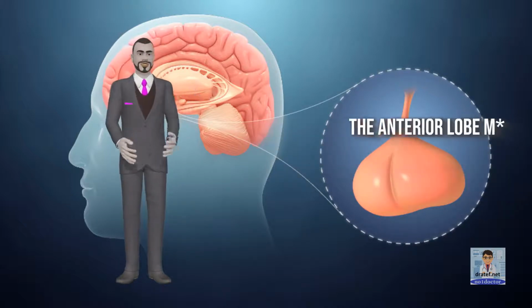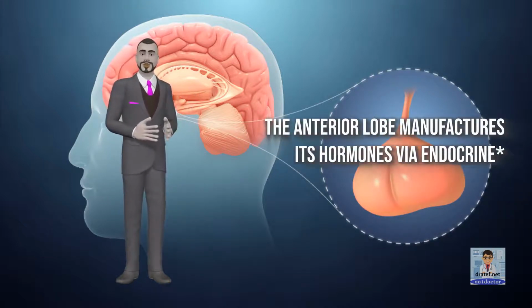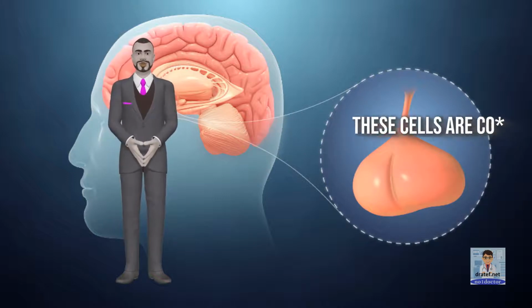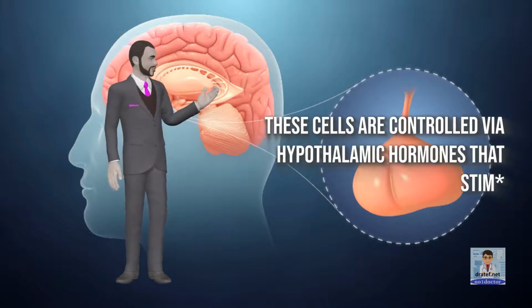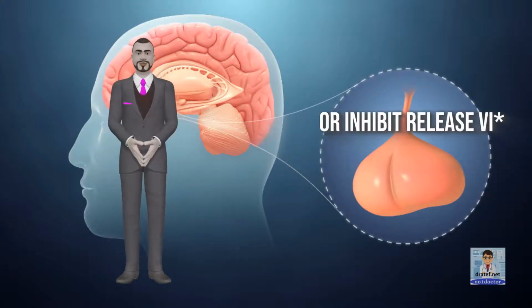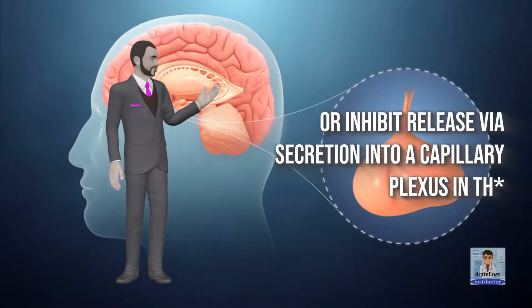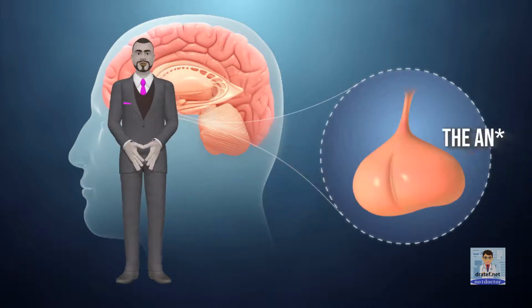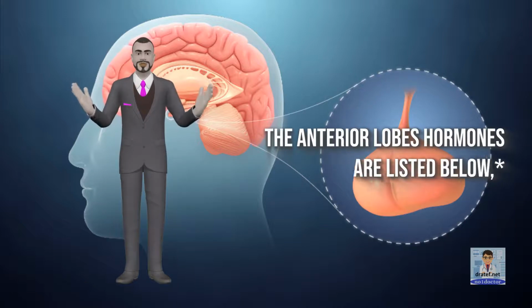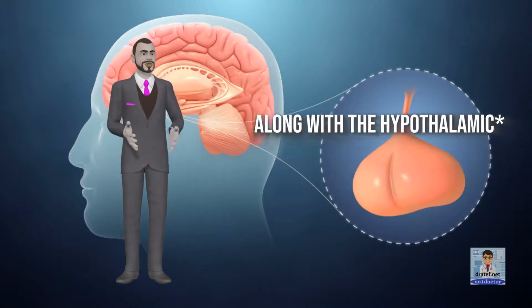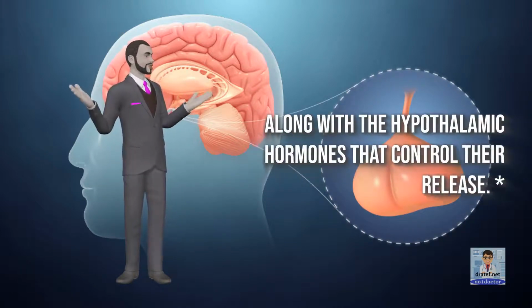The anterior lobe manufactures its hormones via endocrine cells. These cells are controlled via hypothalamic hormones that stimulate or inhibit release via secretion into a capillary plexus in the infundibulum. The anterior lobe's hormones are listed below, along with the hypothalamic hormones that control their release.